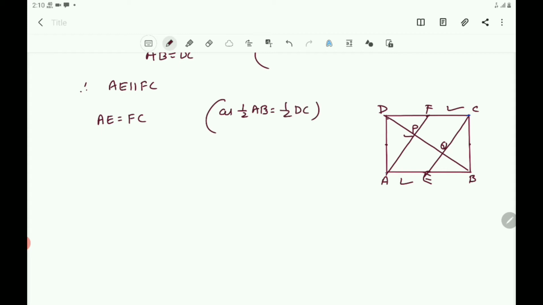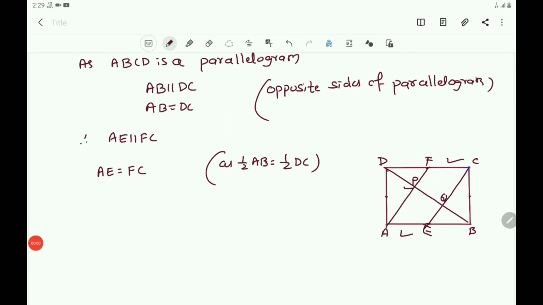So halves of equals are equal. As AE parallel to FC, AE equals FC.